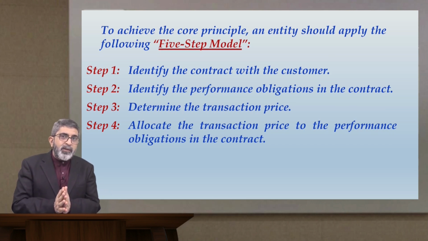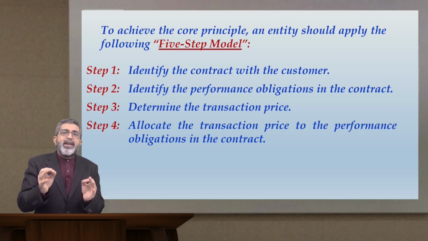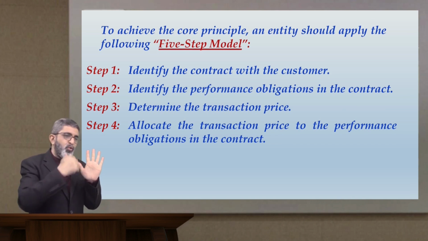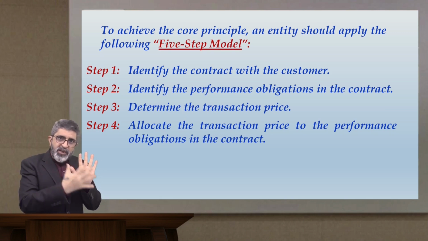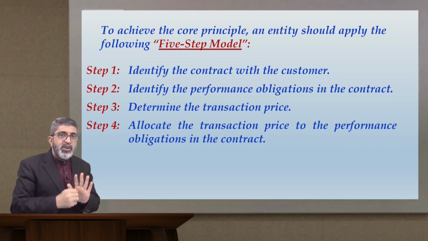Now there could be a point of single performance obligation when I promise the customer, I show the customer, this is the property I'll make for you, including everything. A complete property is what I'll do for you. Is that the performance obligation?